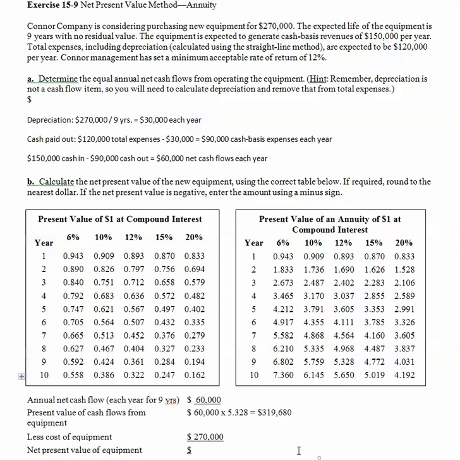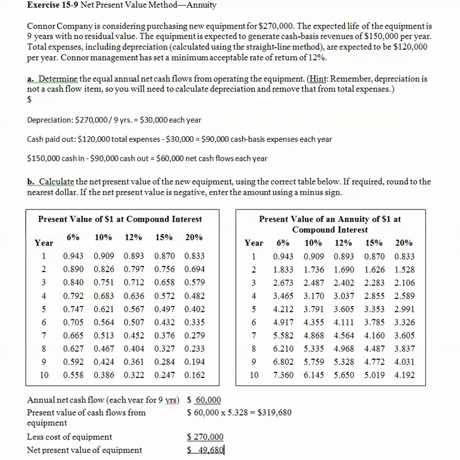To calculate the net present value, net meaning after subtracting something, we are going to take our $319,680 of present values minus the cost of the equipment, and we're going to see that this piece of equipment has a net present value of $49,680. So just like in the last exercise, we see a positive net present value, a present value greater than 0, which tells us that this equipment is earning the company more than 12%, more than their minimum required rate of return.